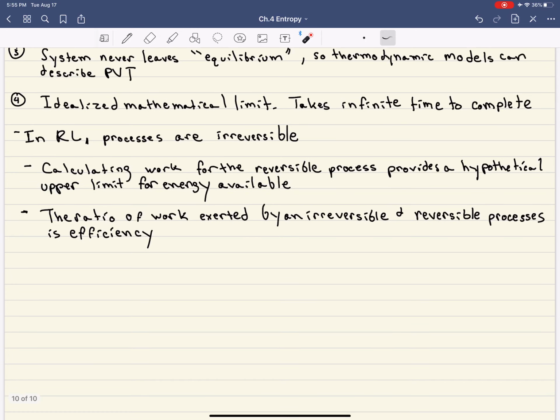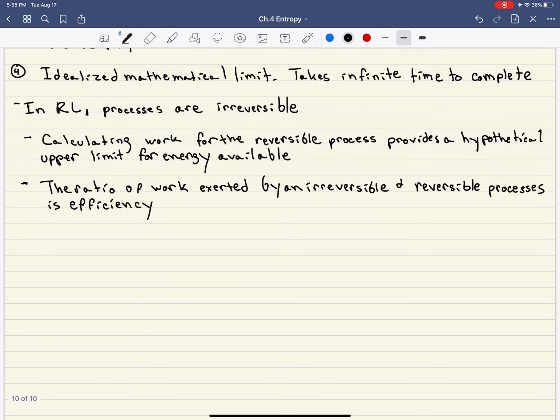Okay. Now, the last thing I want to bring up is, you have a system, and the maximum amount of work available from that system is based on the amount of energy that's in your system, right? That's what the work is characterizing. Okay?